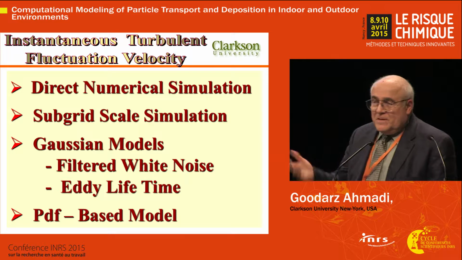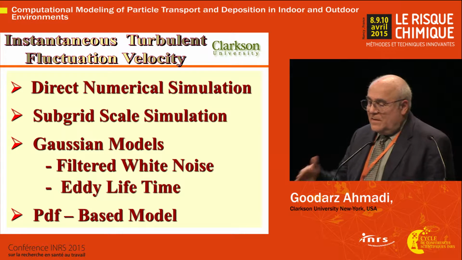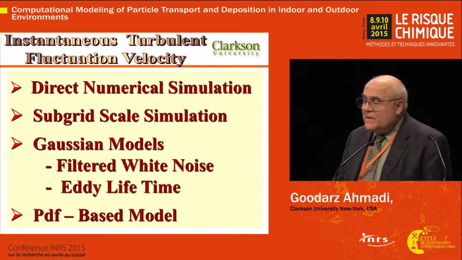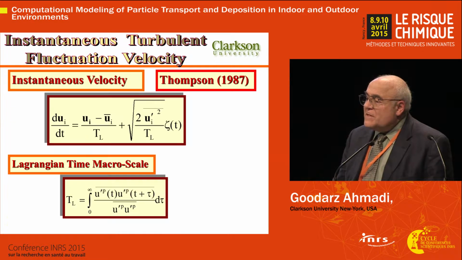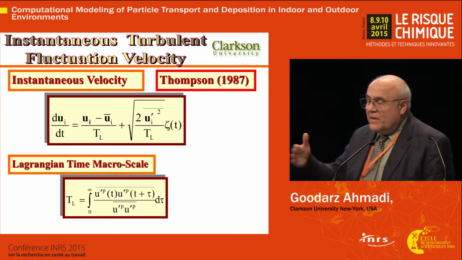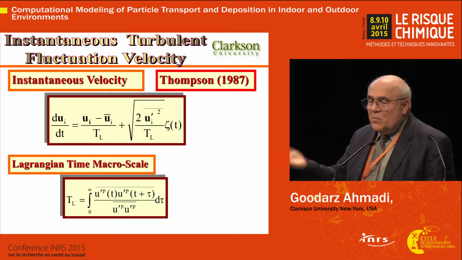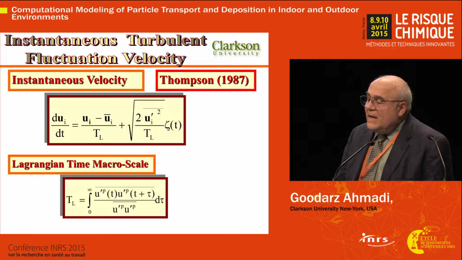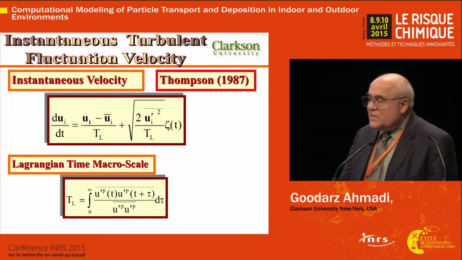In a typical application, where we use a RANS model, that means averaging everything, then we use a so-called Gaussian filter model, eddy lifetime model. Different approaches are possible. And I don't want to show you a lot of equations, but I'll show you one. In this equation, U bar is the average flow computed in some way by some RANS model. And this kind of model was introduced by Thomson some years ago.